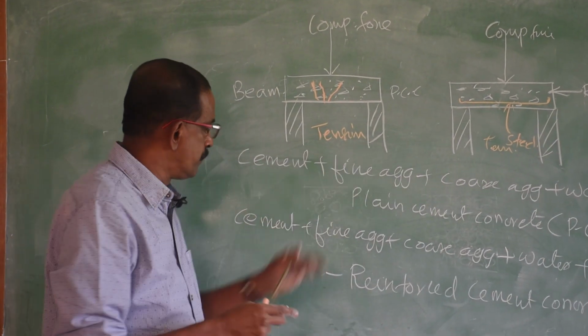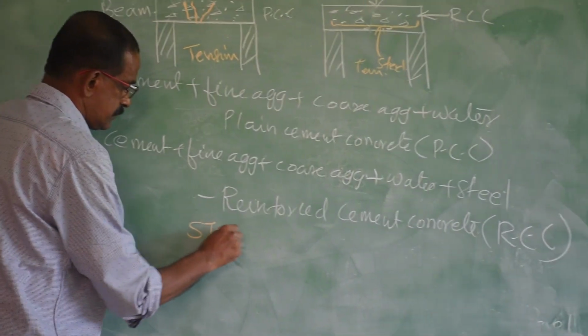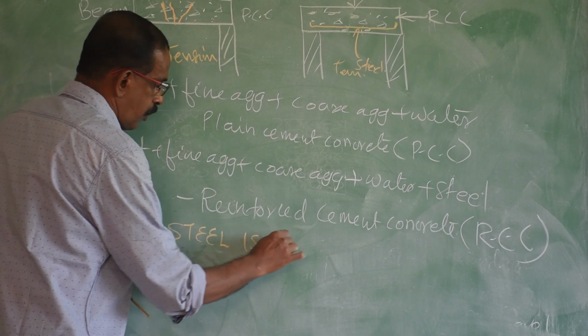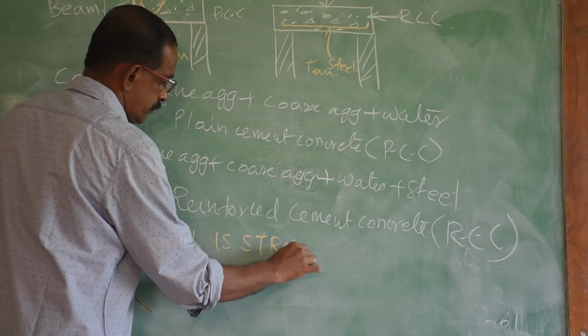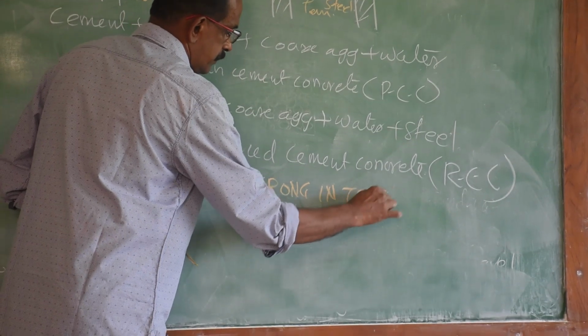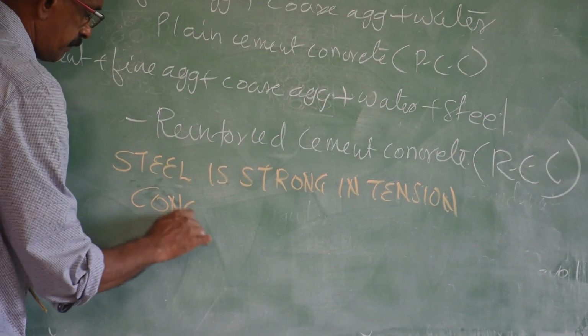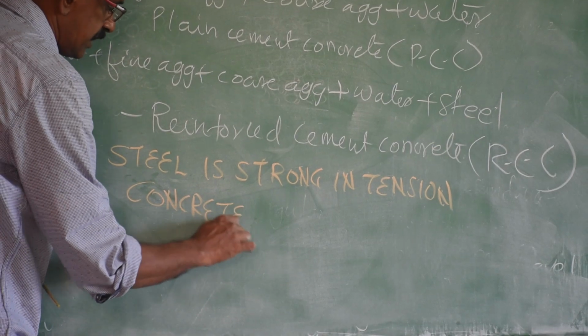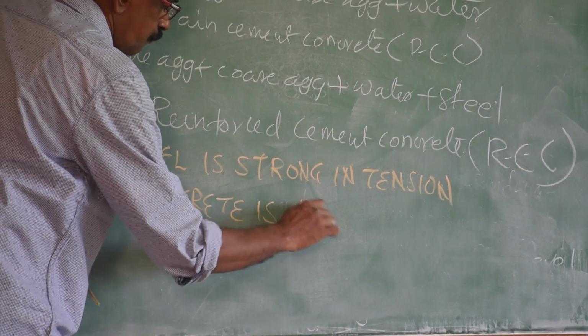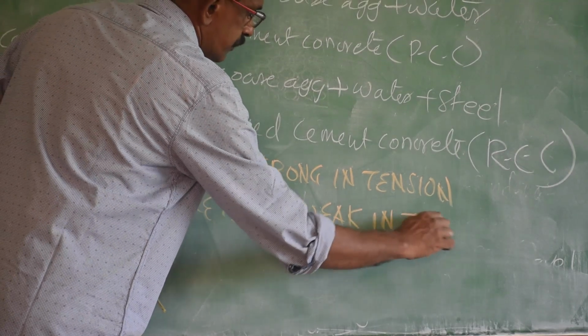Why? Because steel is strong in tension, whereas concrete is weak in tension.